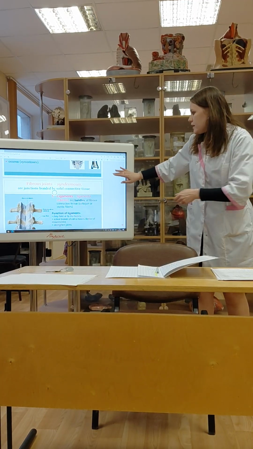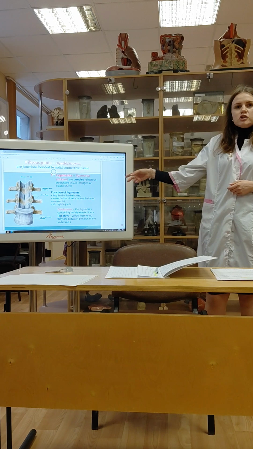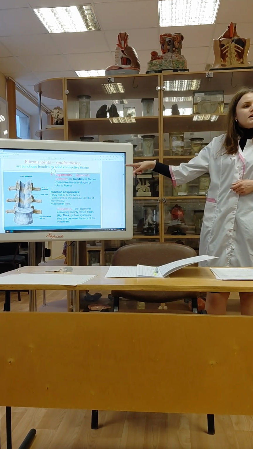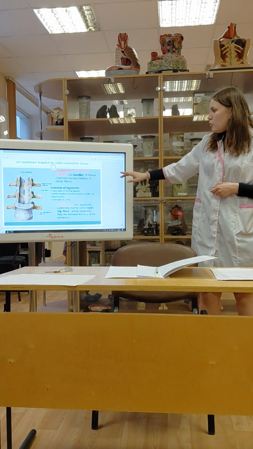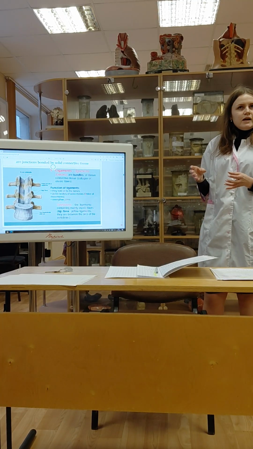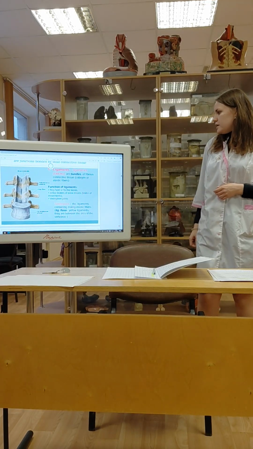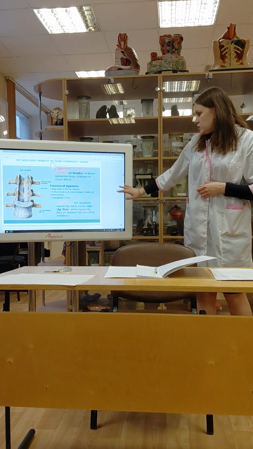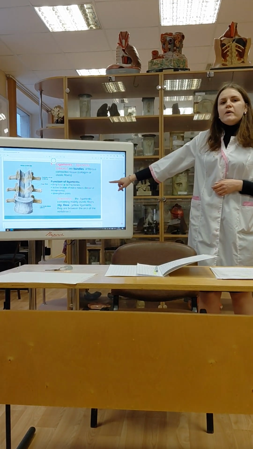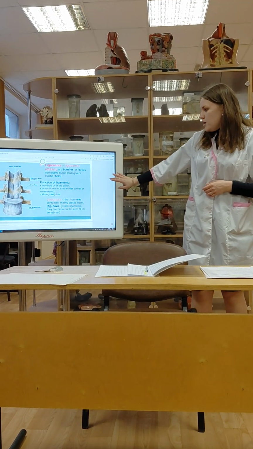If we talk about syndesmosis, this junction is bound by connective tissue. The first group is ligaments. Ligaments are bundles connecting bones to each other, fixing the bones, strengthening the joints, and limiting the movements.